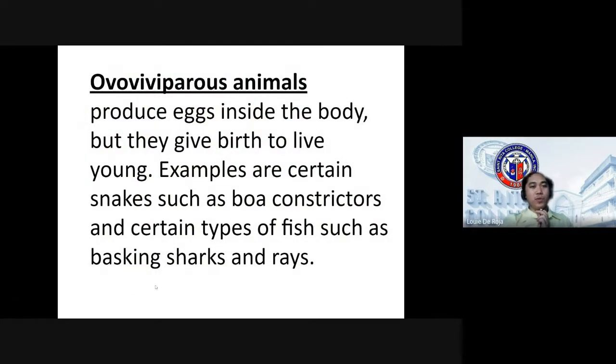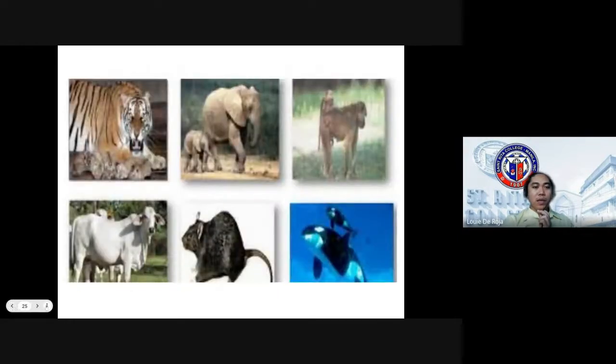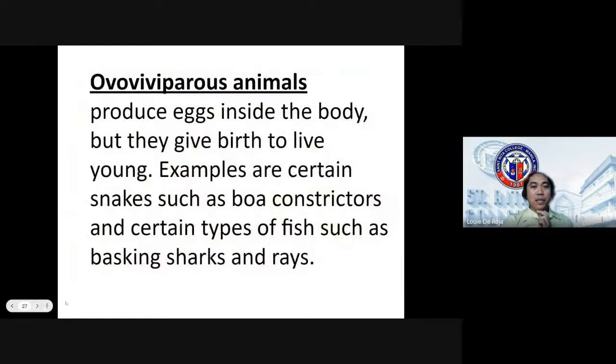Next is ovoviviparous animals. These animals produce eggs inside the body, but they give birth to live young. Examples are certain snakes such as boa constrictors, and certain types of fish such as basking sharks and rays. Nangingitlog po sila. Ang kaibahan nga lang po, hindi siya katulad ng oviparous animals na nire-release nila yung egg outside the body.